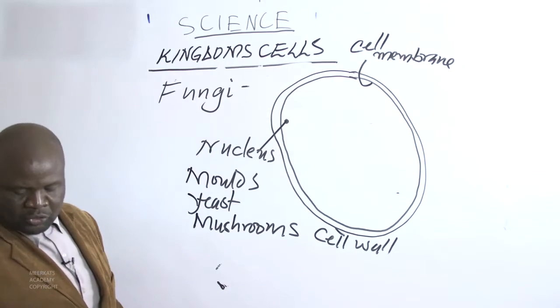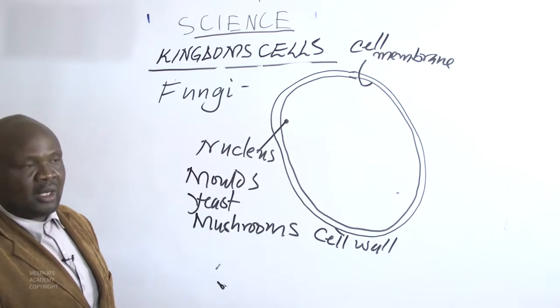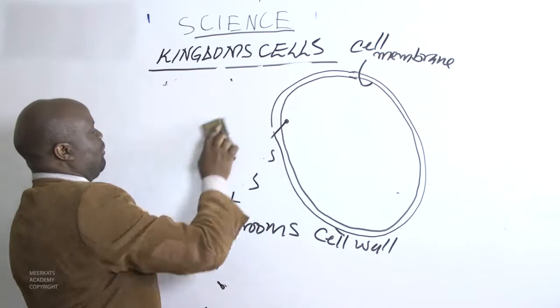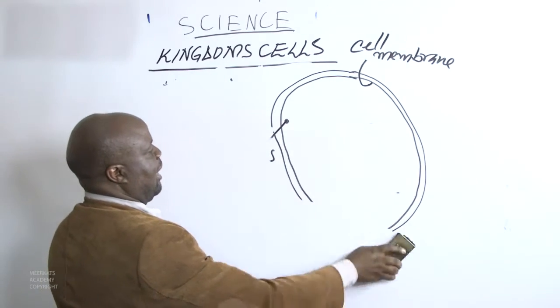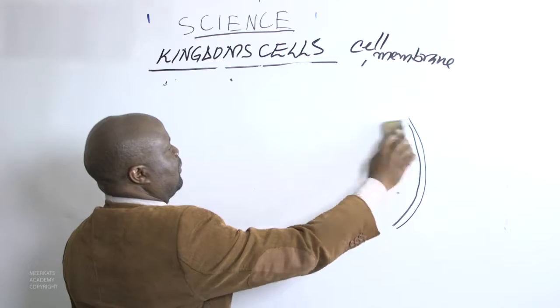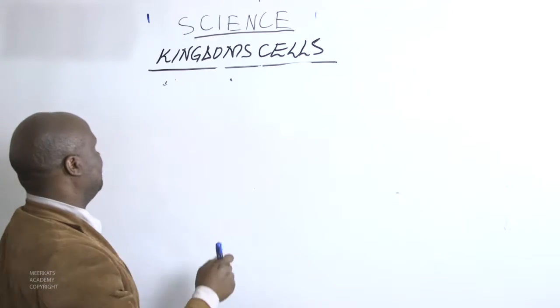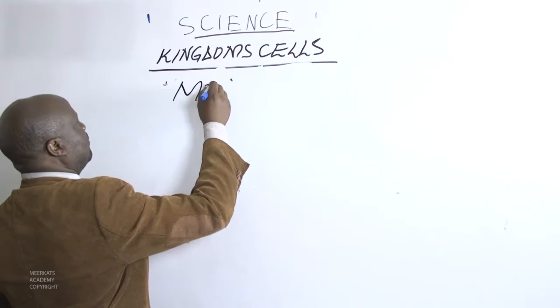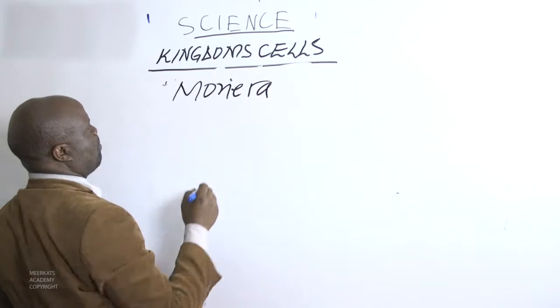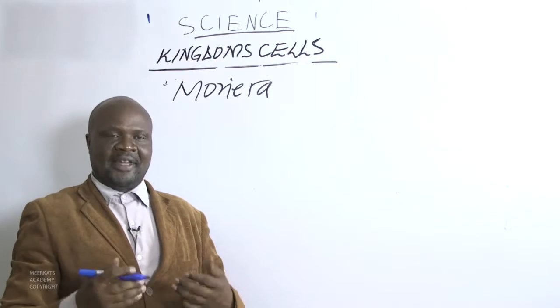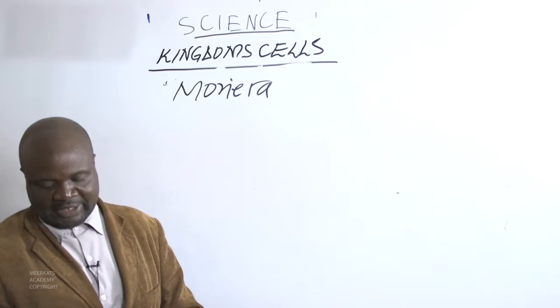Now we can go to the fifth kingdom and see how their cells look when you observe through a microscope. The fifth kingdom is the Manera Kingdom. When you observe organisms in the Manera Kingdom, their cells have the following characteristics.